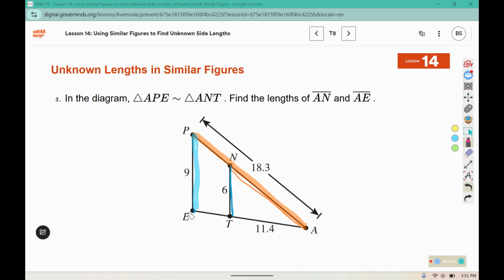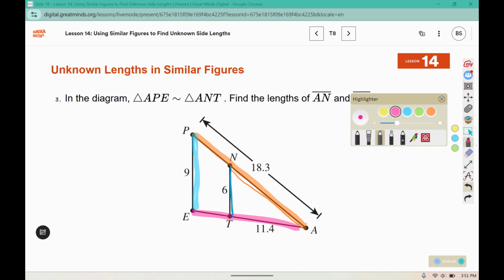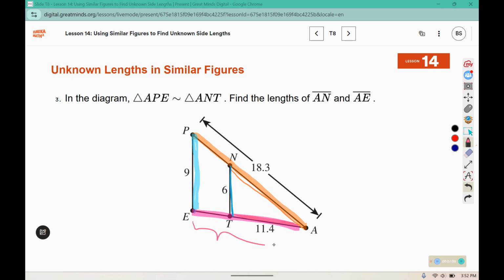And this one gets paired up with this side. So I have AE, an unknown distance here, but it corresponds with 11.4.